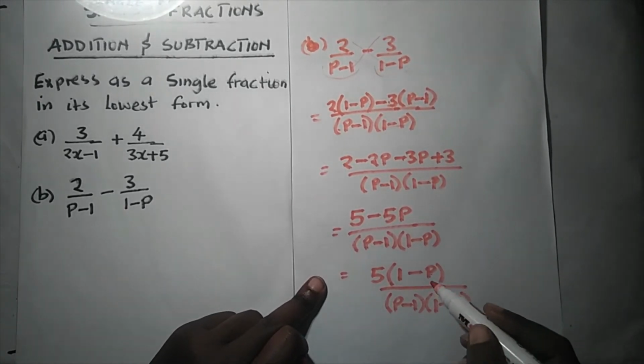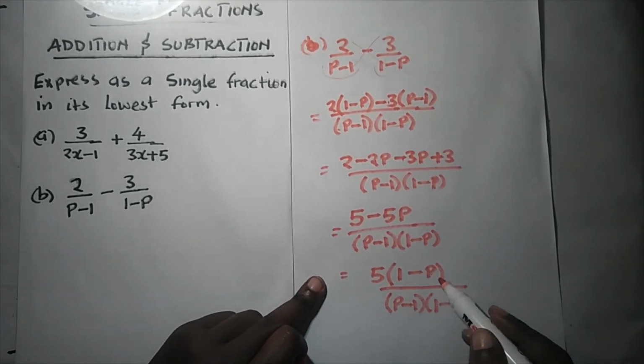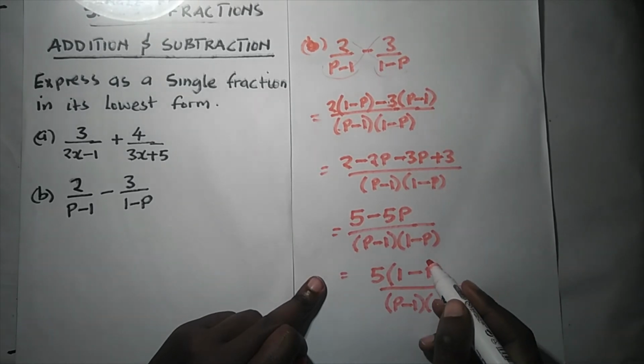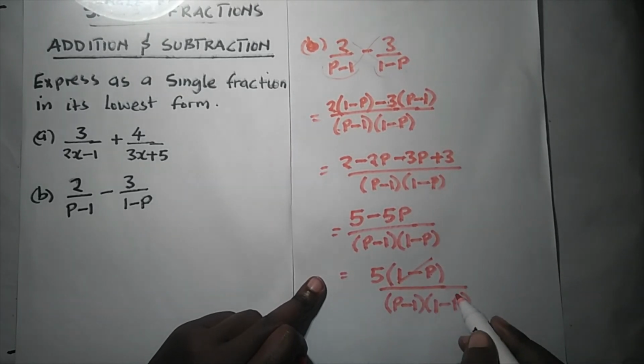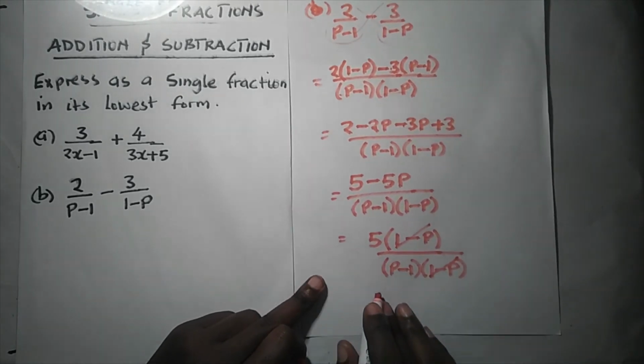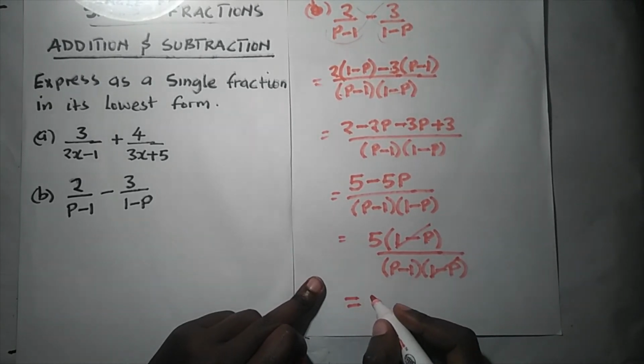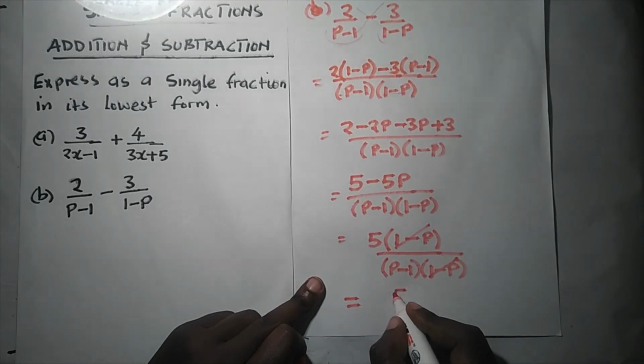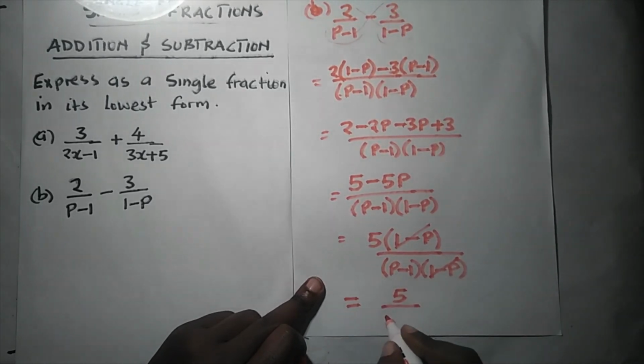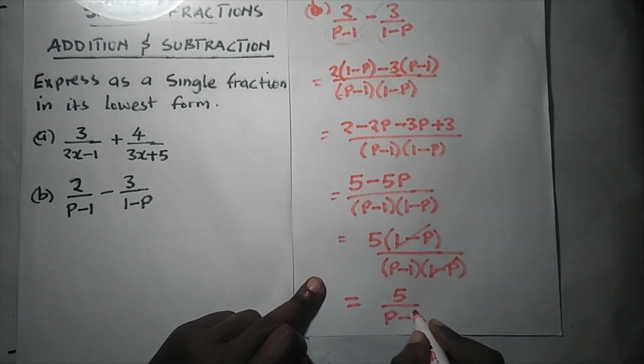So now when you look on top and down, you see that there's something common, so we are going to cancel now. So this 1 minus p will cancel with this 1 minus p, and therefore our final solution for this question will be 5 over p minus 1.